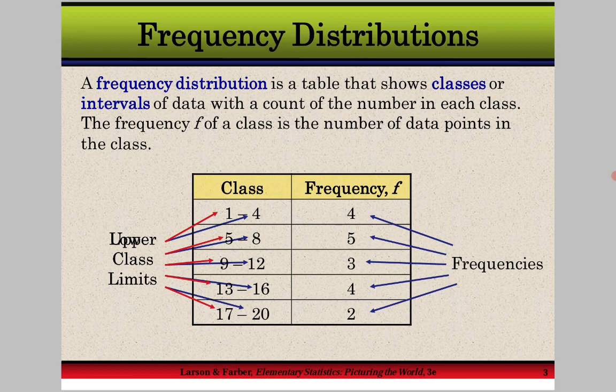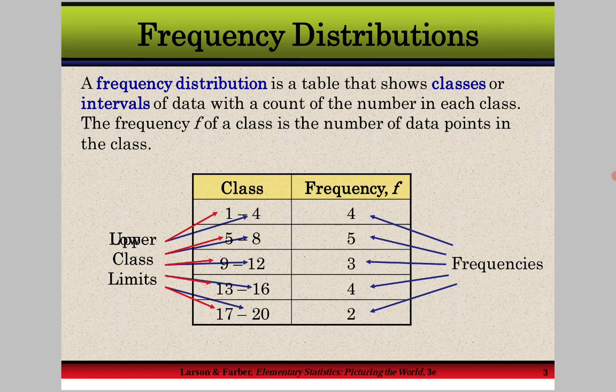The left hand side is called the lower limit, and the right hand side is called the upper limit. In each class we count all the numbers according to this class range or distribution. In this diagram we use class and frequency f.